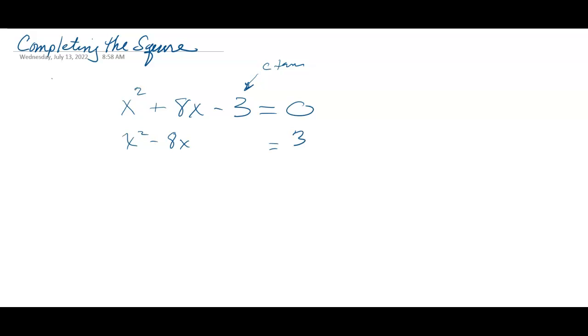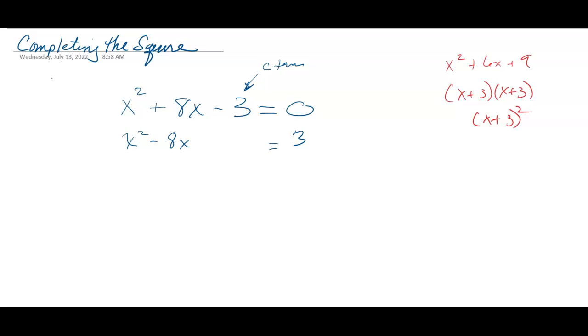Then the idea for completing the square is to turn your left-hand side into a perfect square. So a perfect square means that, for example, x squared plus 6x plus 9 is a perfect square because it's x plus 3, x plus 3, or x plus 3 squared.